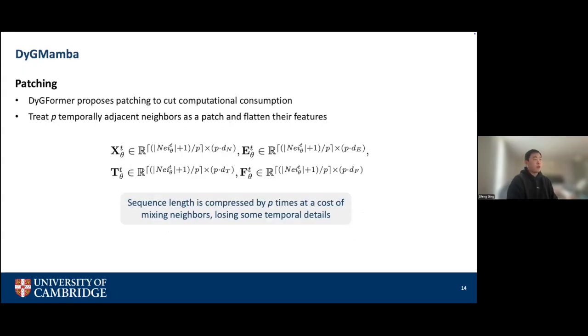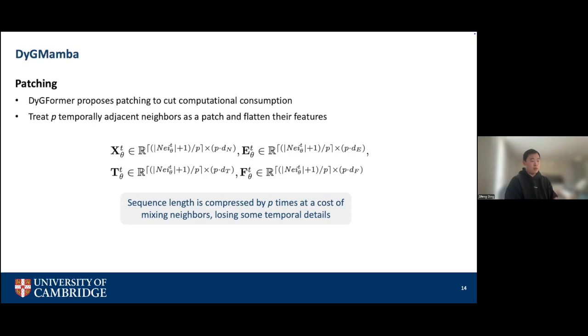So we have also used another technique to try to save the computational budget. We call it patching. Actually, it's not that we call it patching. Patching was originally proposed in DyGMamba. It is used to cut the computational consumption. Why can it cut it? Because it treats p temporally adjacent nodes as a patch and flattens their features, which means that the sequence length will be compressed by p times, which is very useful in a transformer because it has quadratic complexity.